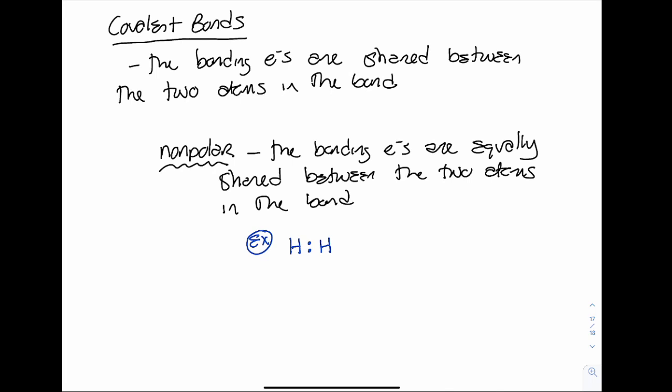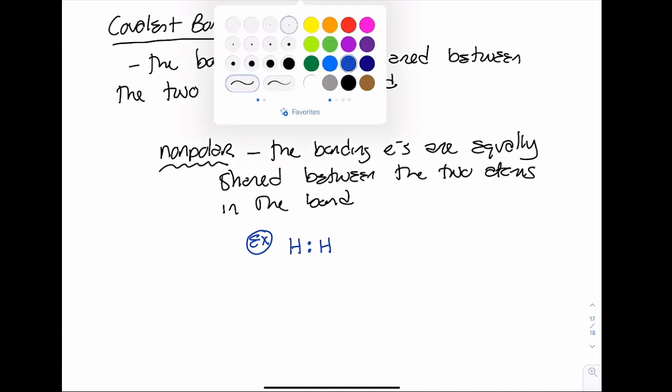And if we were to measure the distance between the nucleus of one of those hydrogen atoms and those electrons, and the nucleus of the other hydrogen atom and those electrons, it's going to be equidistant. So those two electrons are found kind of halfway between the two atoms. They're going to be shared equally. So that bond would be considered nonpolar covalent.